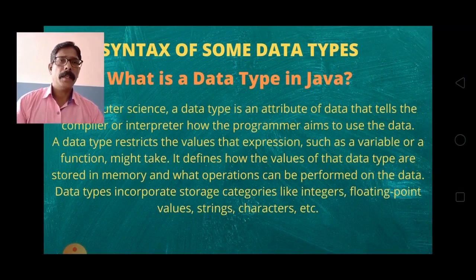Okay, the next topic is syntax of some data types. What is a data type in Java? In computer science, a data type is an attribute of data that tells the computer or interpreter how the programmer aims to use the data.